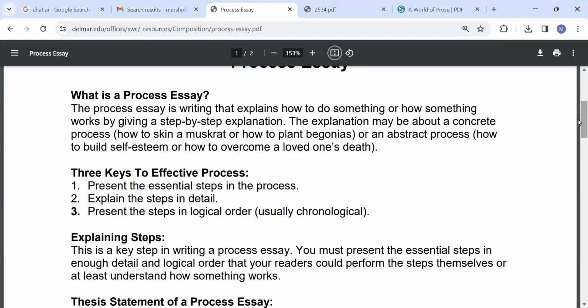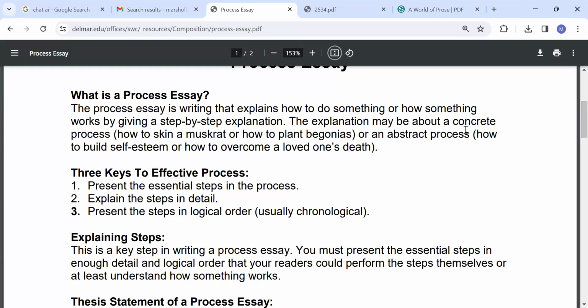So the process essay is writing that explains how to do something or how something works by giving a step-by-step explanation. And all expository essays are just exposing you to new information. They're explaining new information.